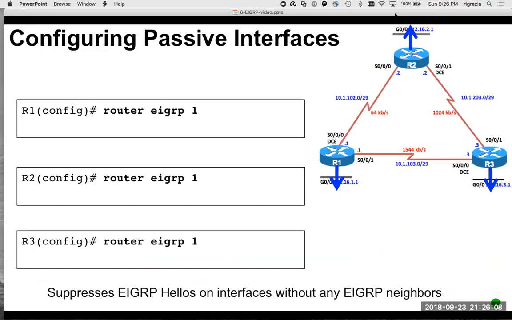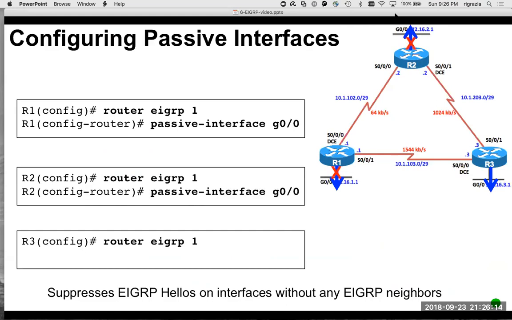Okay, so remember we talked about passive interfaces in a previous video. These are interfaces where we do not need to send out any hello messages because we do not have any neighbors out those interfaces. But we still want to advertise that network in our EIGRP routing updates because we want other routers to be able to reach that network.